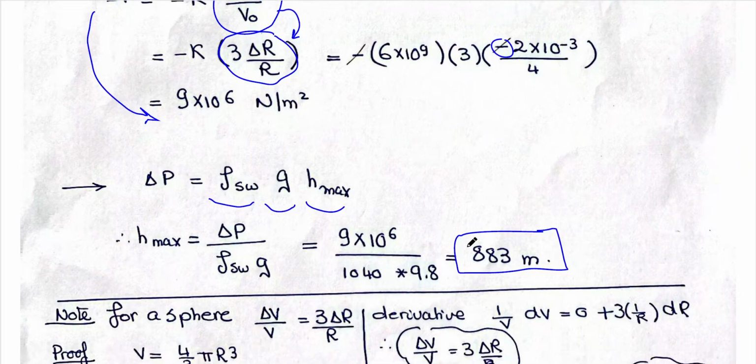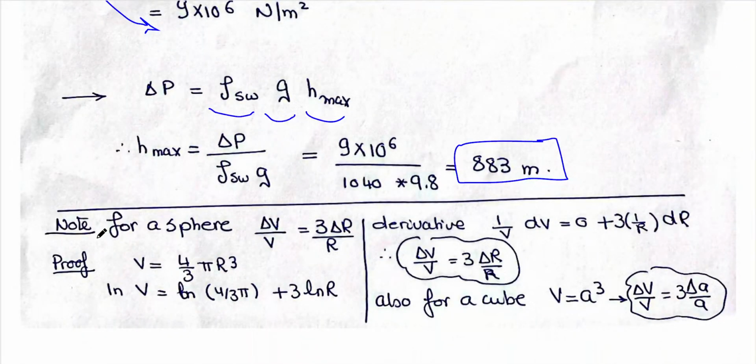I will discuss this if you want to know where this rule comes from. For a sphere, delta V over V equals 3 delta R over R. You can memorize this rule. But if you want to prove it, V equals the volume of the sphere equals 4 over 3 pi R cubed. If you take ln of both sides, ln V equals ln the constant plus 3 ln R. Then take the derivative of both sides.